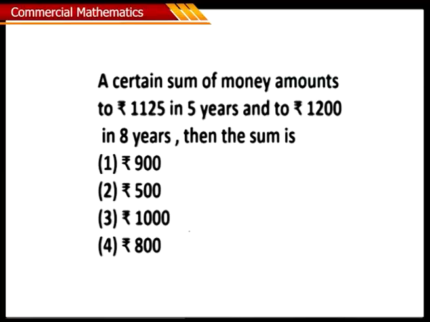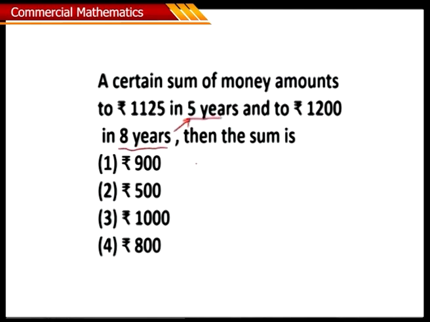A certain sum of money amounts to rupees 1125 in 5 years and 1200 in 8 years. Then find the sum. Here, with these types of problems, observe carefully. What is the duration? This is for 8 years and this is for 5 years.